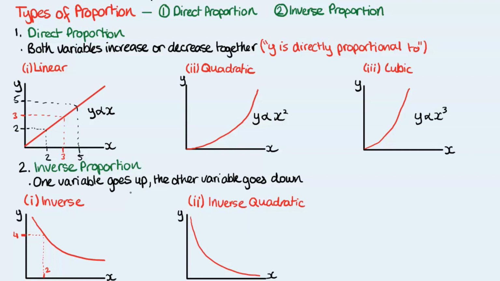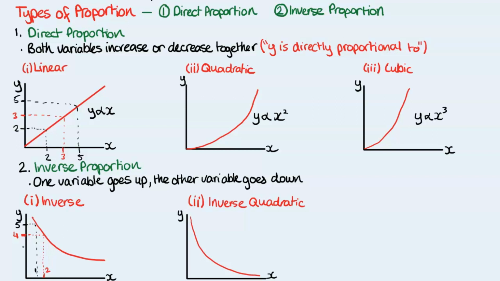Now, the second type of proportion is inverse proportion, and this is when one variable goes up, the other variable goes down. So we've got a point here, 4 on the y-axis. Say I wanted to go up to 5, then I take it to the line and bring it down to the x-axis. What I'll find is we'll get a smaller number.